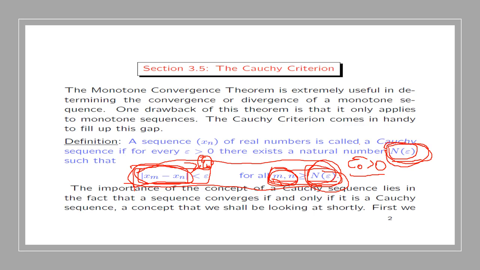That means that for this epsilon 0, this condition will not work. If that happens, then we say that the sequence xn is not a Cauchy sequence.